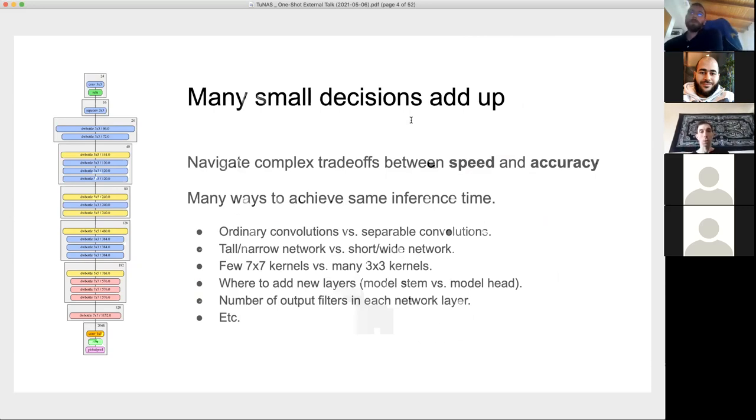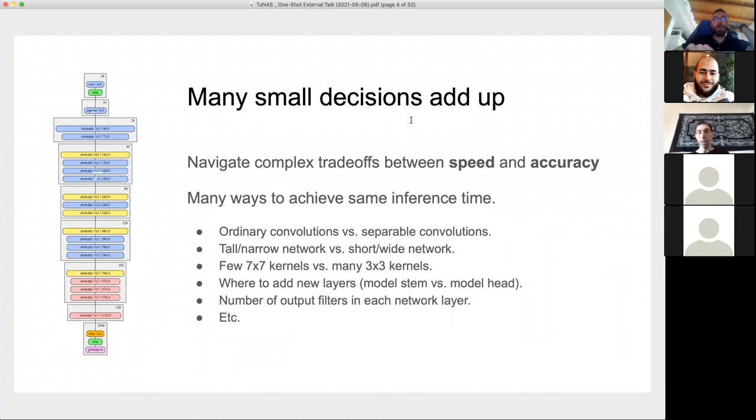You can switch between more expensive 7x7 convolutional kernels and cheaper 3x3 convolutional kernels. You can switch between wide, expensive layers with many channels and a larger number of narrow layers with fewer channels, and so on.